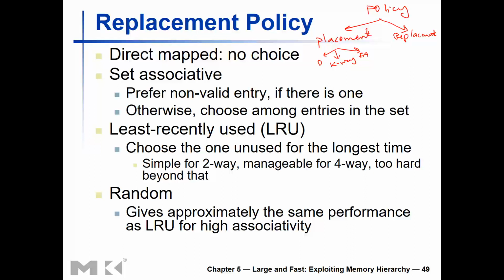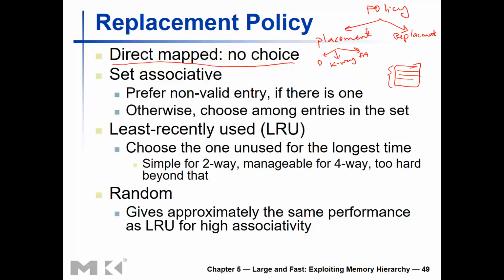In a direct mapped cache, we don't have a choice. Whenever we need to kick a particular block out of the cache, there is no alternative for that block. There is a choice when you have a fully associative or K-way associative cache, among the blocks present in a single set. Because you have multiple blocks in that set, which one do we kick out?